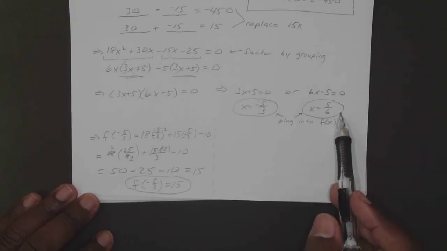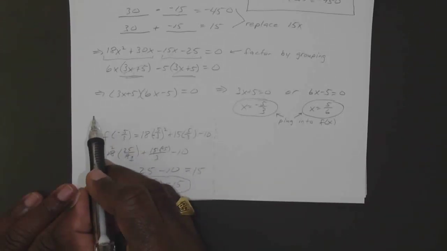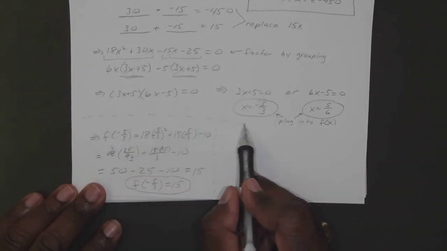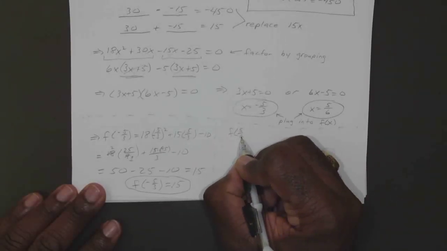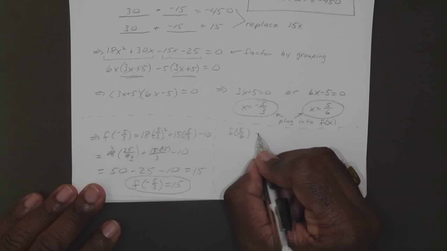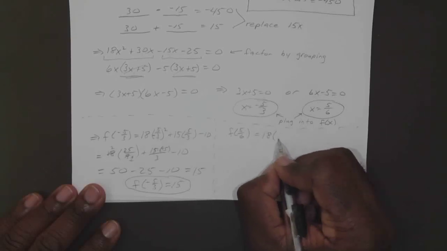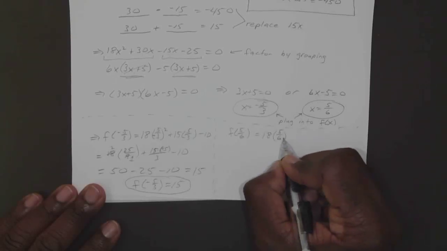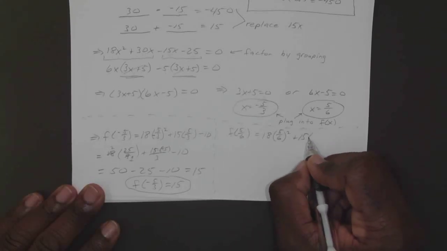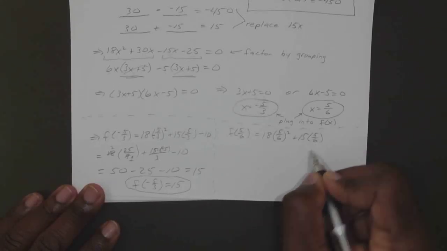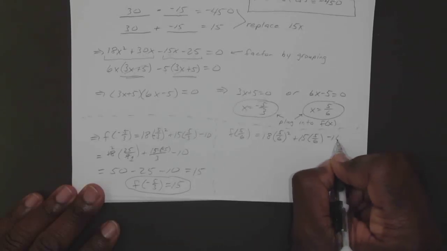Okay, so now we do the same thing with 5 over 6. f of 5 over 6 is equal to 18 times 5 over 6 squared plus 15 times 5 over 6 minus 10.